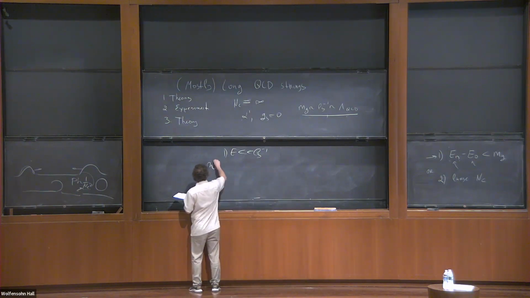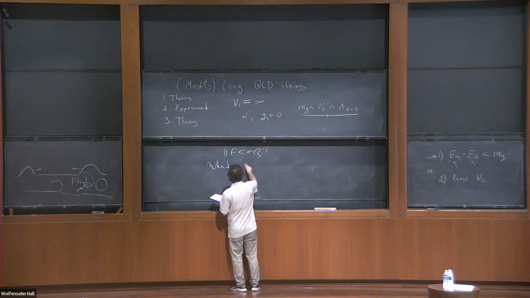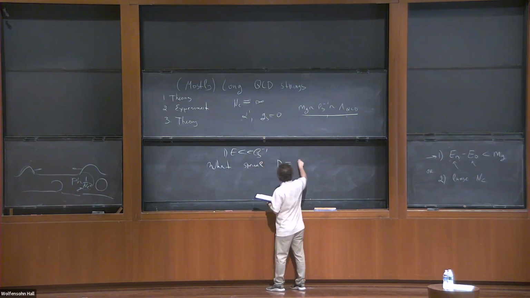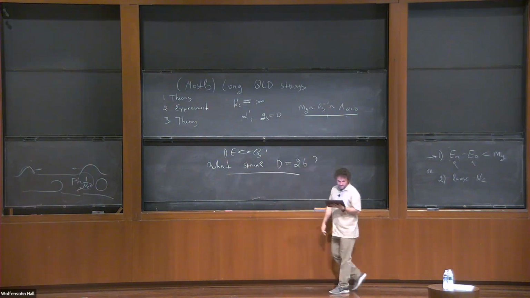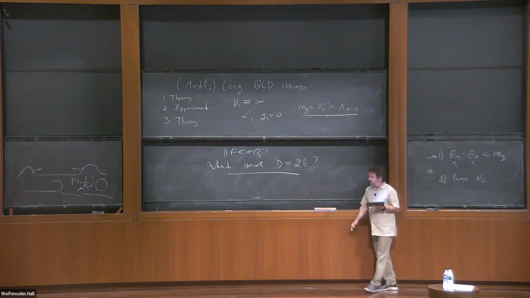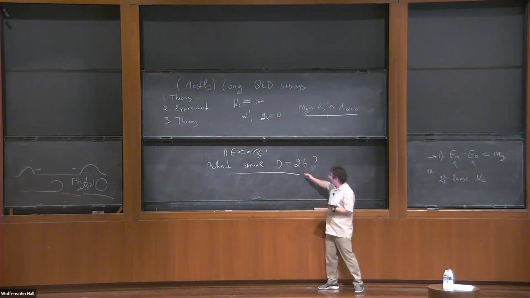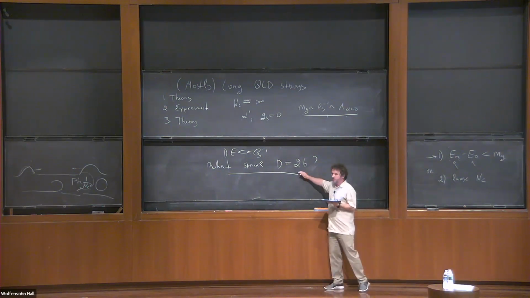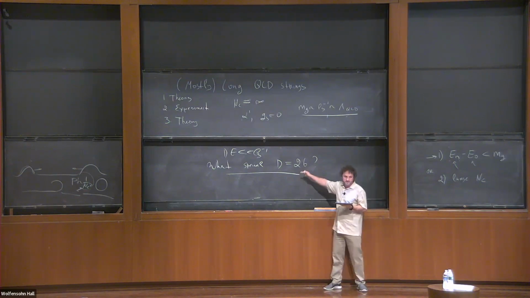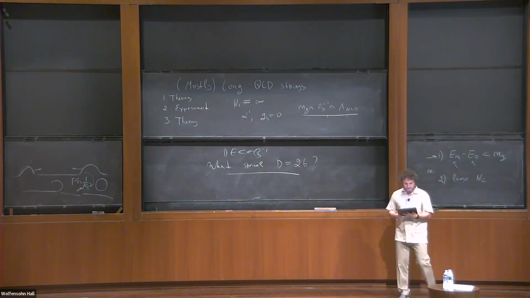So in the remaining part of today's class, we'll address the question: what is special about D equal 26 if I'm a naive effective field theorist who doesn't know any string theory? That's roughly who I was like 10 years ago. I look at this effective field theory. When is the first time that I notice that something interesting and special happens when I consider this long string in 26 dimensions?